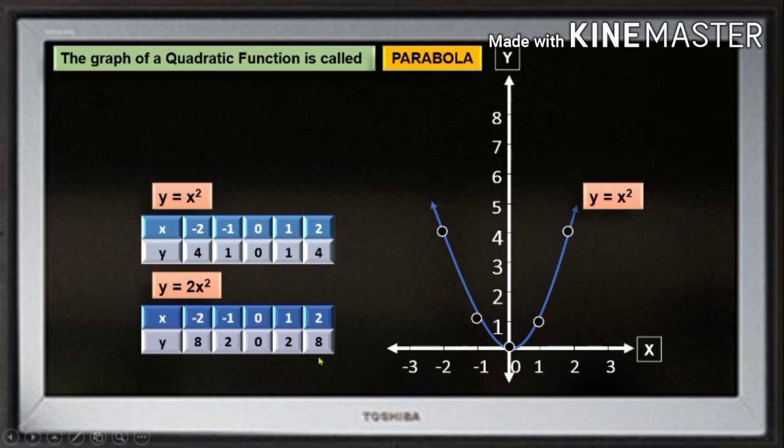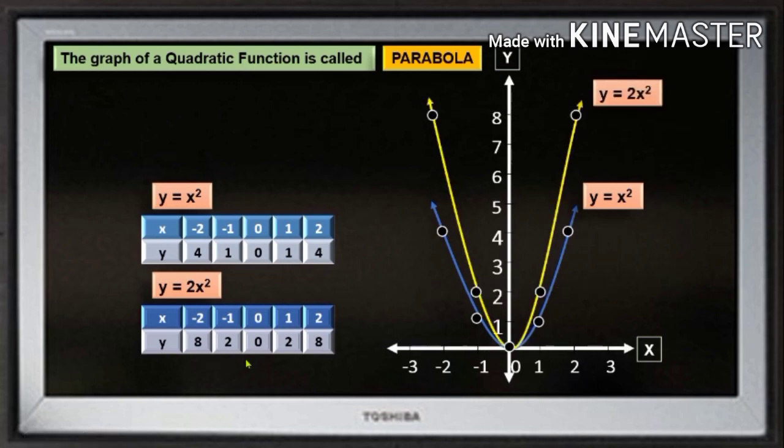Still, there is a reflection of values in our table of function. So let's look at the graph. So that's the graph of y equals 2x squared. Let's have another.